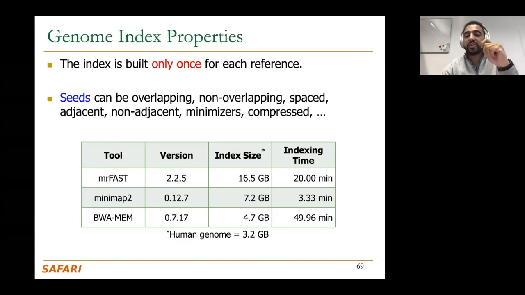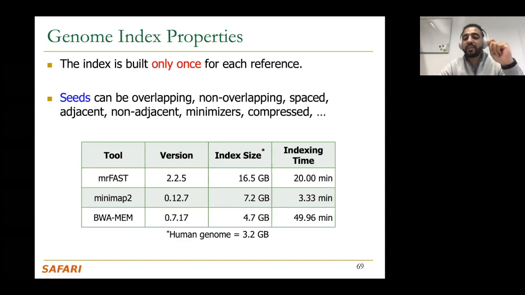But also there are other tools that need more memory than this. It depends on how you extract these pieces. And the execution time for the indexing step also varies. So for example, Minimap2 can take about 3 minutes, but BWA-MEM, for example, can take 1 hour to process a reference genome.